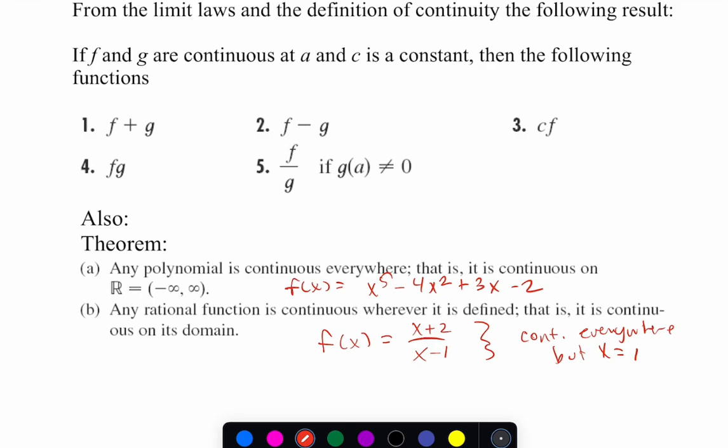Vertical asymptote values, those are the places where we have to be concerned. Those are the places of concern. So polynomials are great. Rational functions are really great, except for those undefined denominator values, wherever your denominator equals 0.